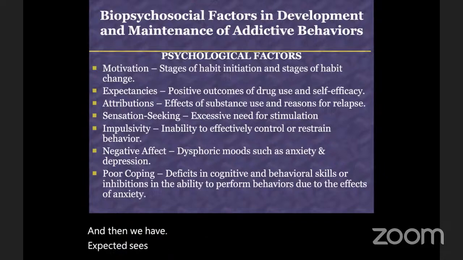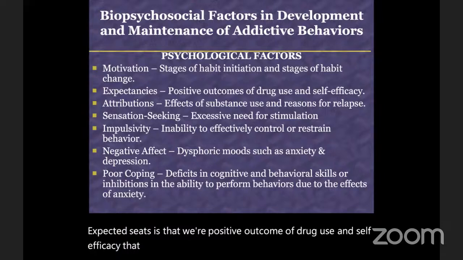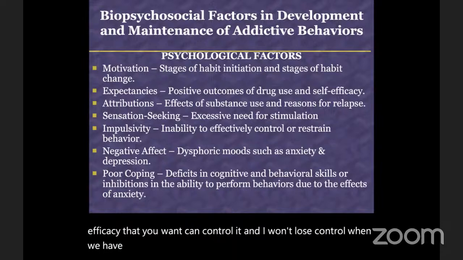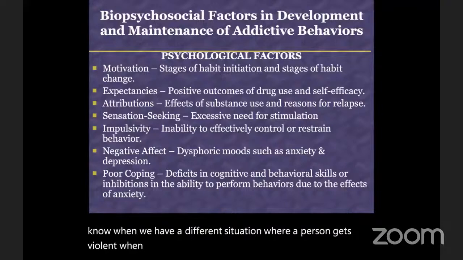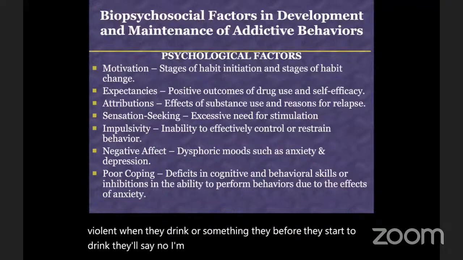And then we have expectancies, that with a positive outcome of drug use and self-efficacy, one can control it, and I won't lose control. When we have a different situation where a person gets violent when they drink, before they start to drink, they'll say, no, I'm just going to party tonight. I'm going to be in control.